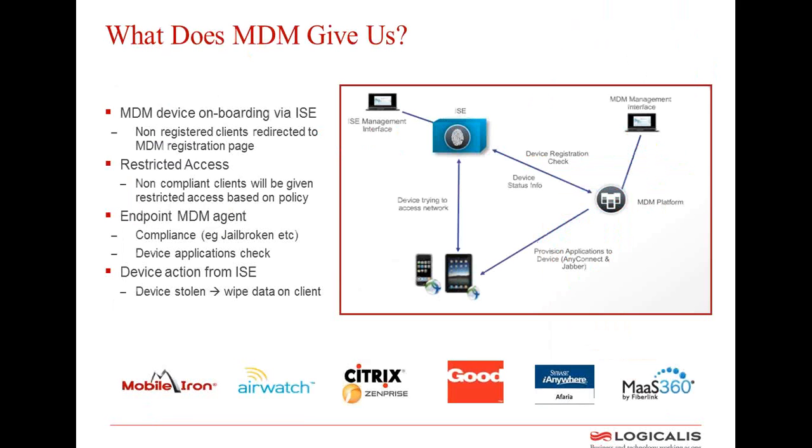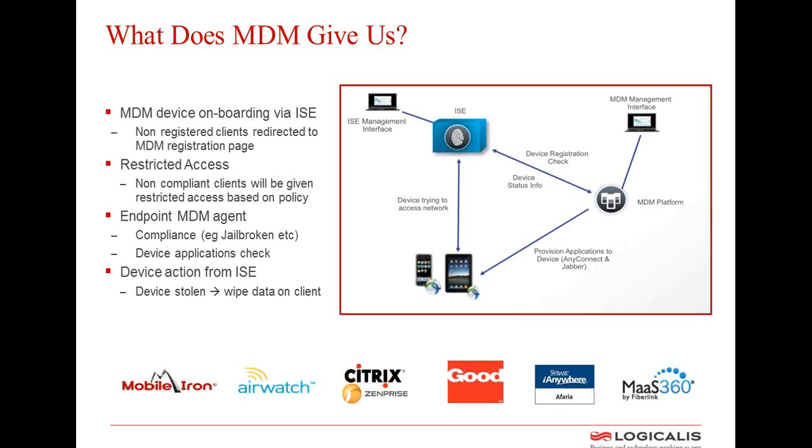So what does MDM give us? We talked about this before. MDM, mobile device management, is really an agent or a piece of software that's installed on the mobile device that opens up and gives the policy engine that I referred to earlier access to a lot more information as to the status of that device, what hardware it is, what software is installed, what patches have been installed, in particular whether or not the device is jailbroken, and this is something that is exclusively what MDM gives us.